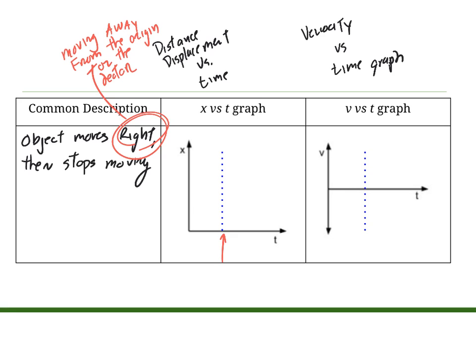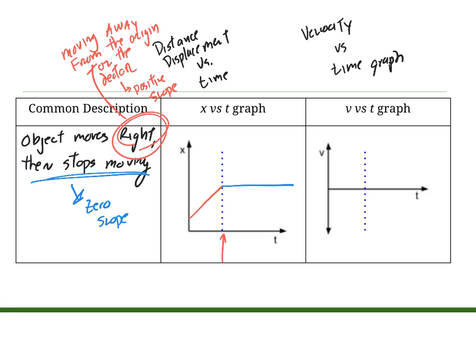So I would represent that with a line like this, up to that point. Then the object stops moving, and because the object stops moving, that would indicate that it would have a 0 slope. Whereas moving away from the origin means positive slope. So at this point, I'm going to draw a 0 slope.